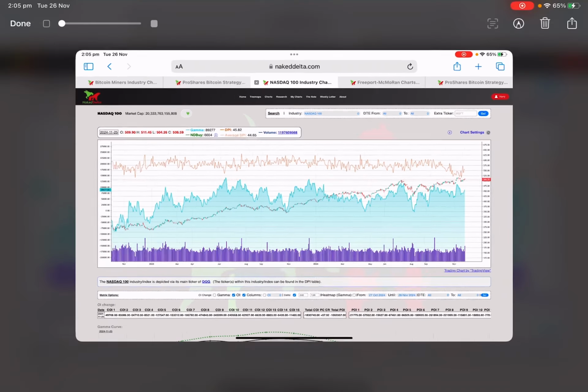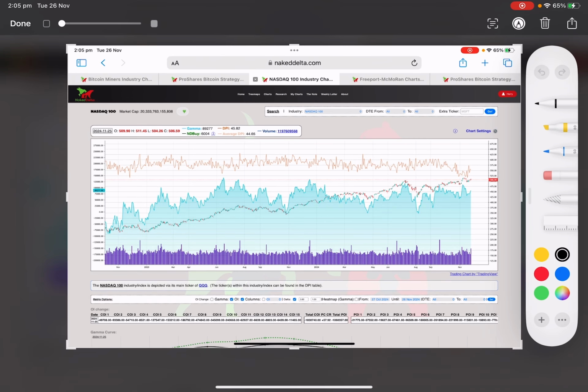Anyway, Nasdaq's a good one to have a look at. Here we can see that we've got a gamma high. These are the ceilings here, and they tend to sit in trend lines.